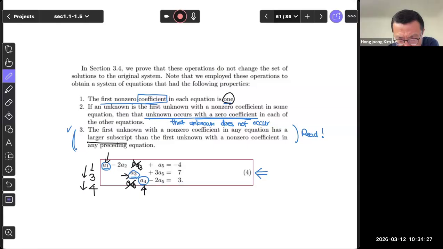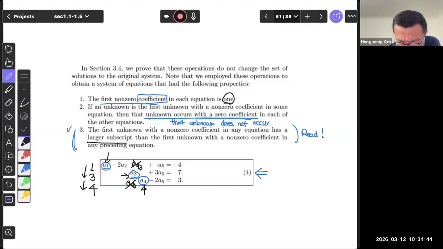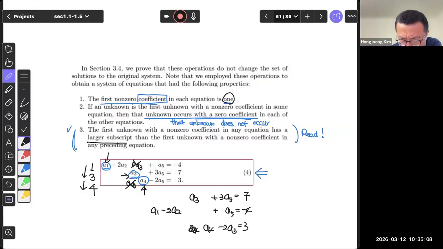Which means if I have, say, A3 plus 3A5 equals 7, and A1 minus 2A2 plus A5 equals negative 4, and A4 minus 2A5 equals 3, and you derive these equations, then that is not the final destination.